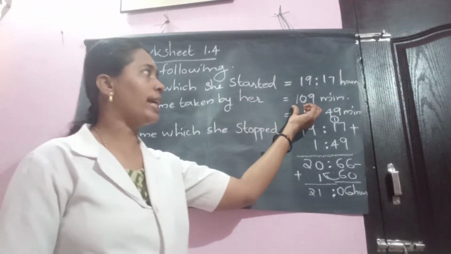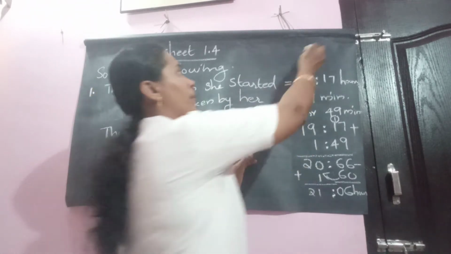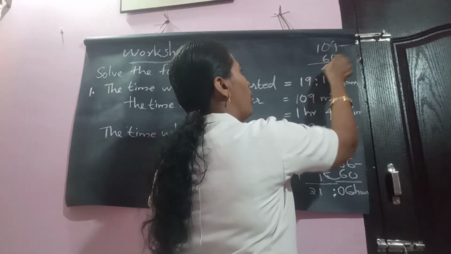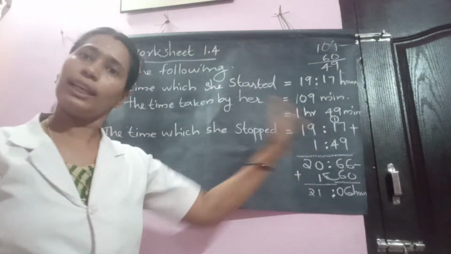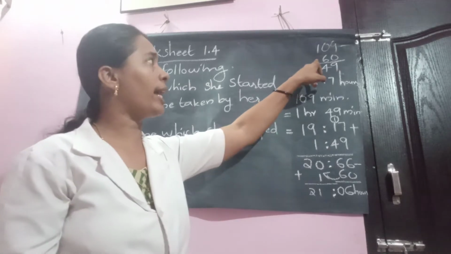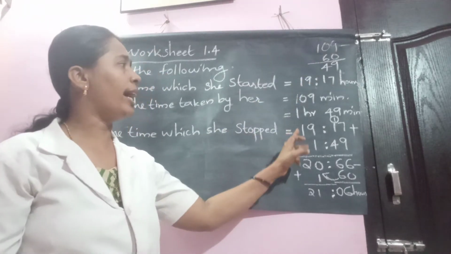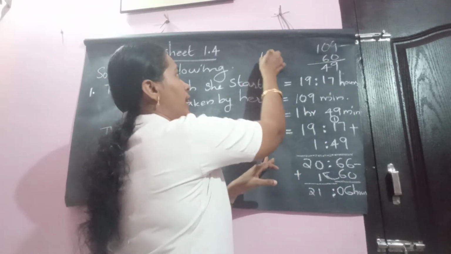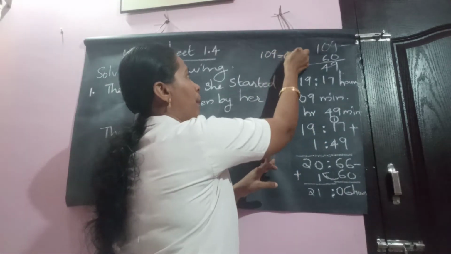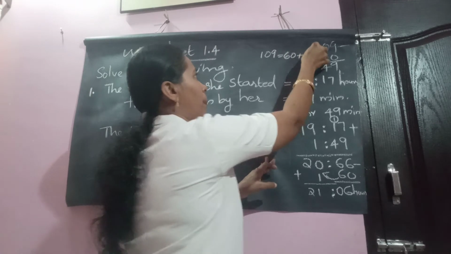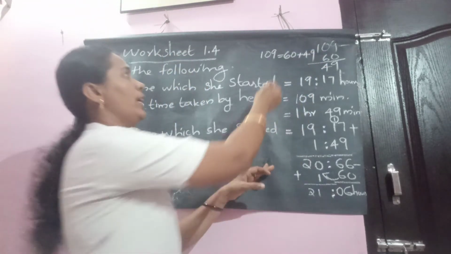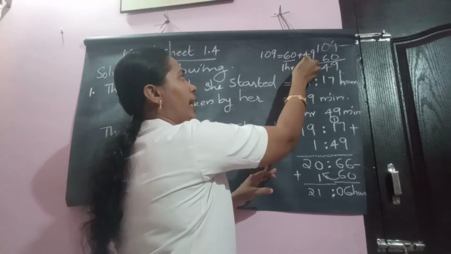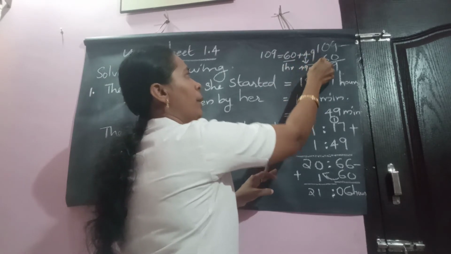That's why we subtract 60 from 109. So we have 49 minutes remaining. And the 60 you subtracted, you can take it as 1 hour. In other words, 109 can be written as 60 plus 49, where 60 minutes is written as 1 hour and 49 is written as 49 minutes.